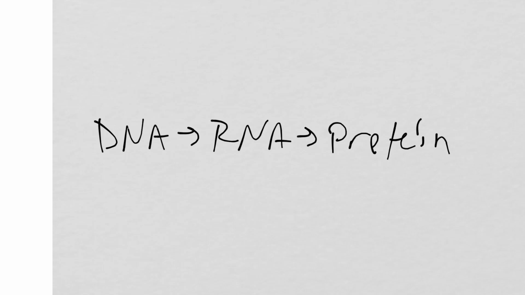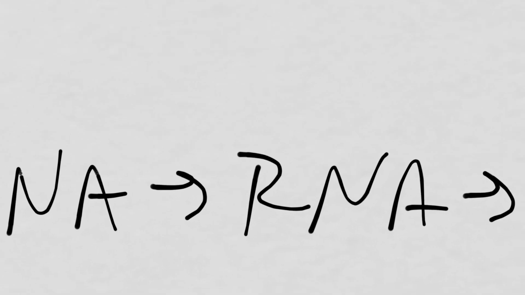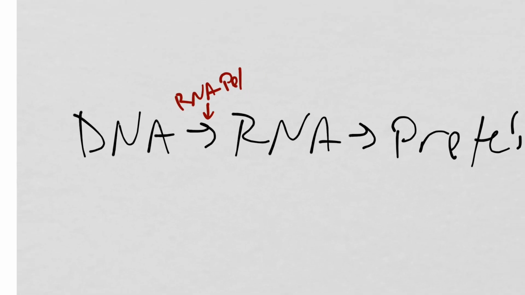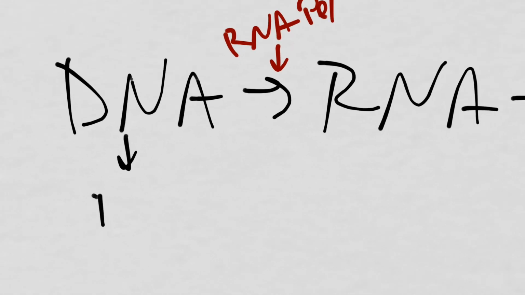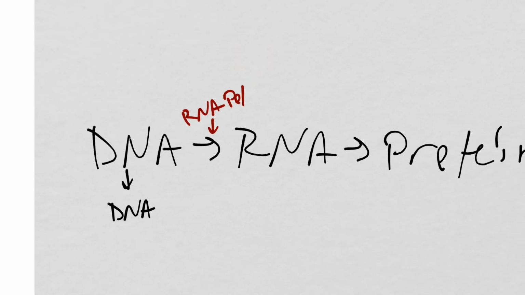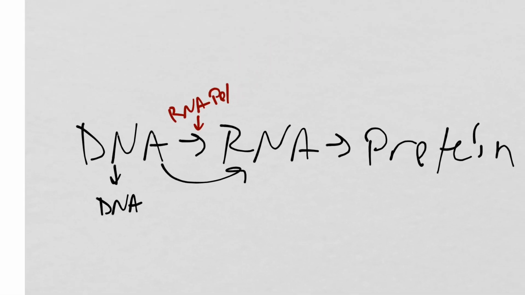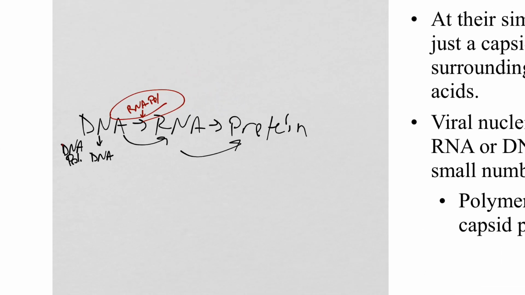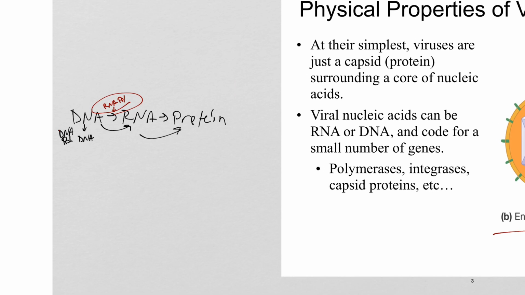This is really straightforward because all living things, not viruses, but all living organisms have an enzyme, RNA polymerase, that can do this. If this is a DNA-based virus, it's also going to have to copy its DNA into more DNA so you can make more viruses, right? You've got to do the RNA thing so you can make protein because the capsid is made of protein. All right, so that's pretty straightforward.